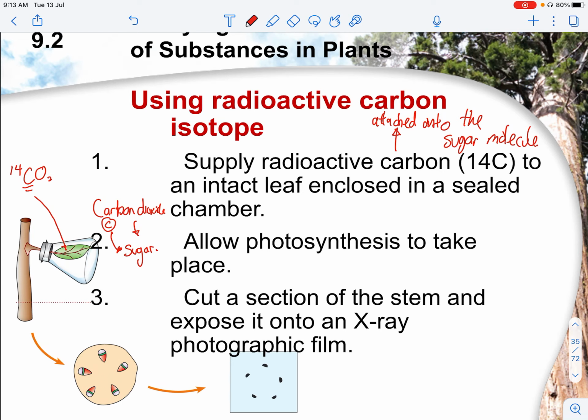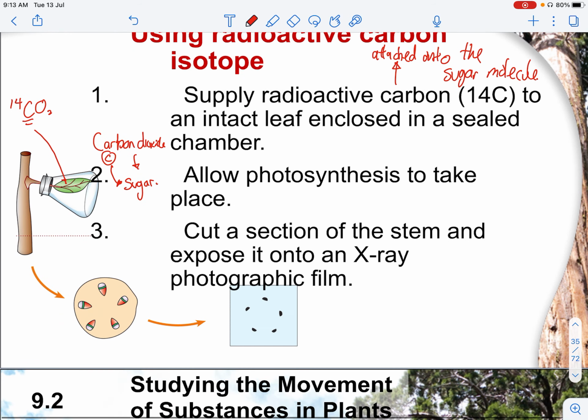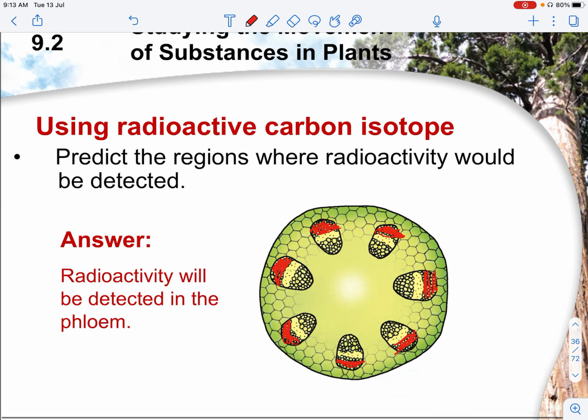Now plants require carbon dioxide for photosynthesis, and they use the carbon from carbon dioxide to form glucose, or even sucrose or starch, and this will be transported along the phloem. So when we cut a section of the stem and expose it to an X-ray photographic film, you'll realize that the stained area contains the carbon-14.